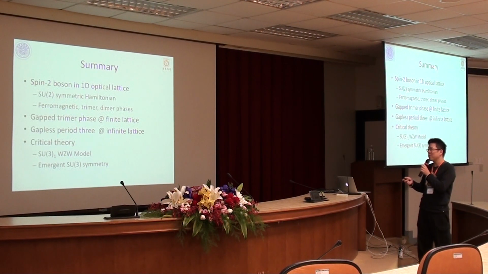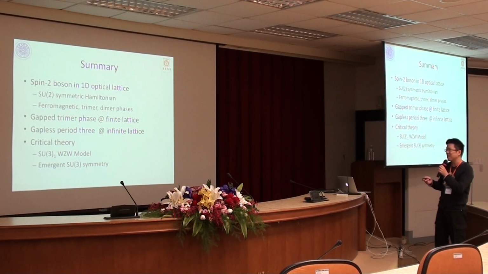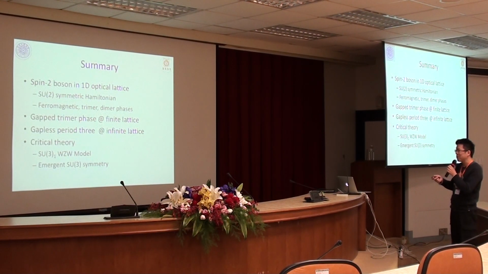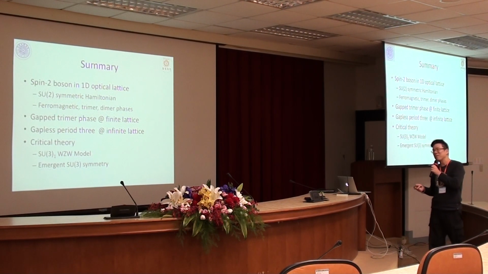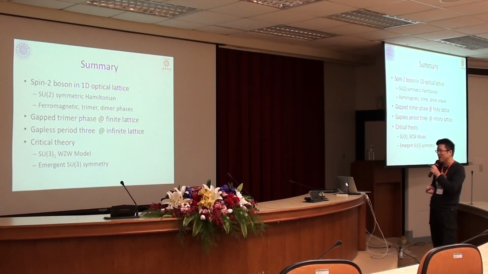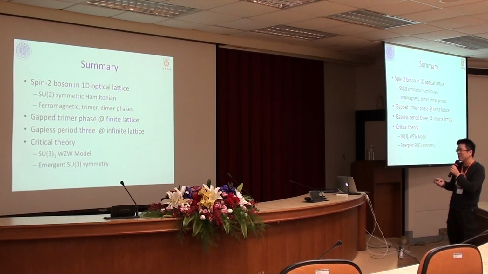It has the ferro, trimer, and dimer phases, and the system is gapped. For the trimer phase, the system is gapped for finite lattice, but it's gapless, critical, period 3 at infinite size. For this infinite lattice, we're trying to identify the critical theory. By using ground state and excited state energy finite size scaling, we find the SU(3) level 1 WZW model. So the system will actually have an emergent SU(3) symmetry at the thermodynamic limit.